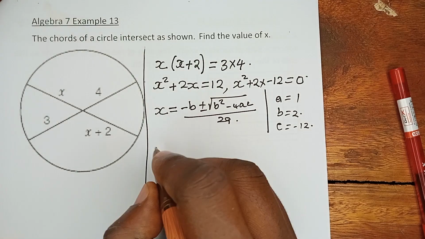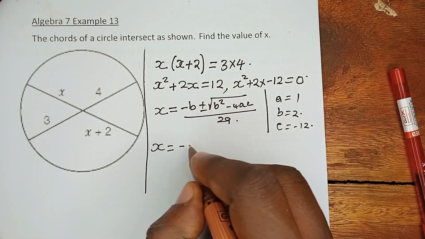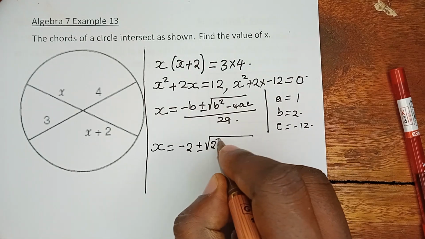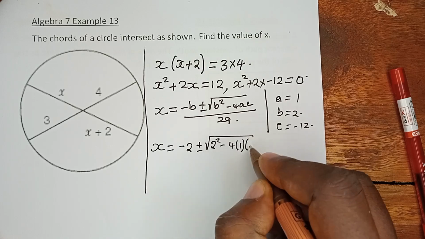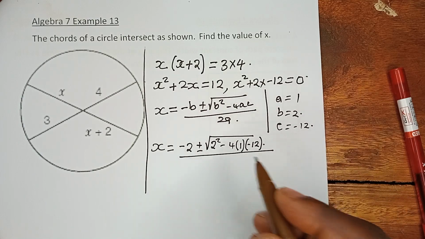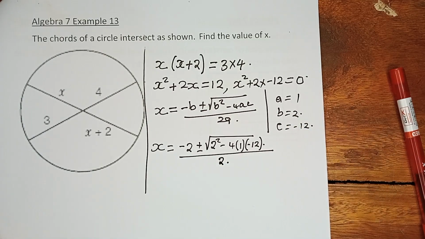Substituting that, we have x is equal to minus 2 plus or minus the square root of 2 squared minus 4 times a, which is 1, times c, which is negative 12, everything over 2a, 2 times 1, which is just 2. And we can use the calculator at this point.